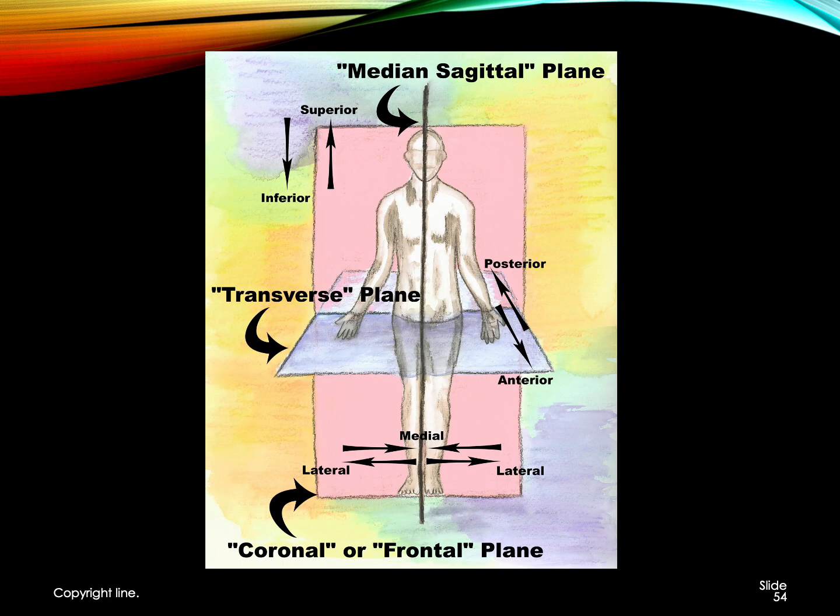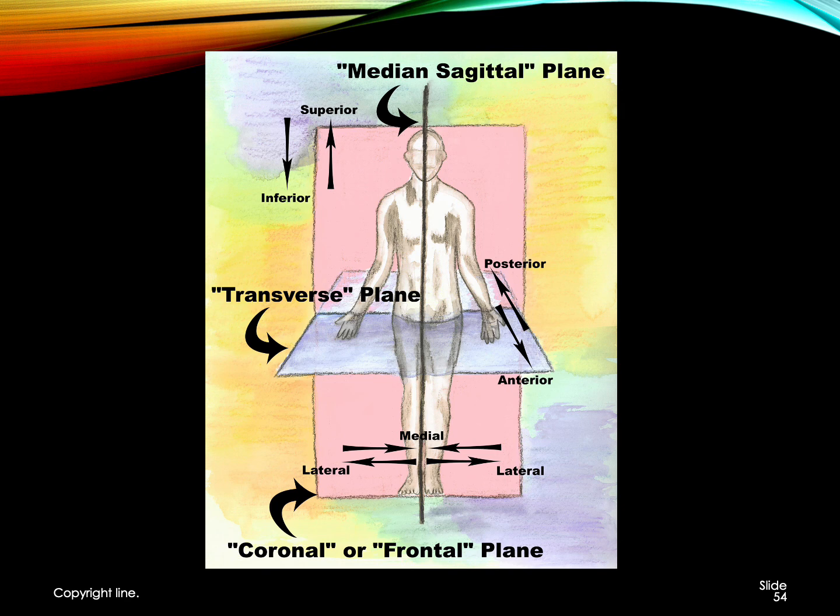So here's the graphic, and let's just start at the top with the arrow pointing to median sagittal or mid-sagittal. You can see that that sagittal plane is dividing the body into right and left halves. Now let's go down to the next one, which is the transverse plane. Remember, the transverse plane is also referred to as the axial plane or the horizontal plane, and this is going to divide the body into upper and lower portions, superior and inferior portions.